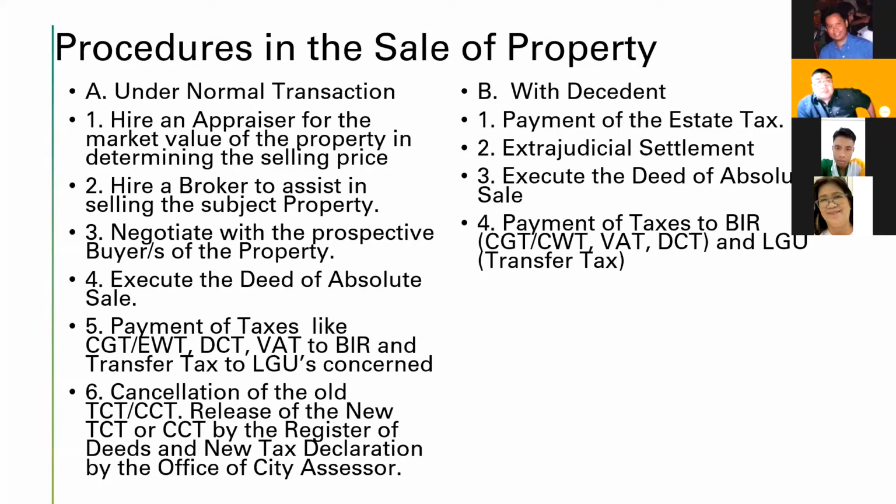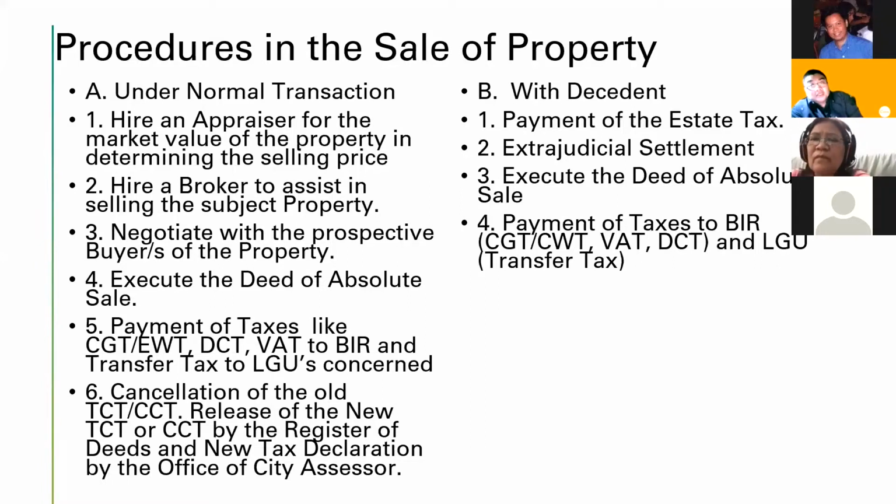again, payment of the estate tax. Ang premise natin dito, the estate tax has already been paid. And of course, if the estate tax has been paid already, the property owner will have to hire a geodetic engineer for the estate of the property. If there are several heirs, then they have to subdivide the property.